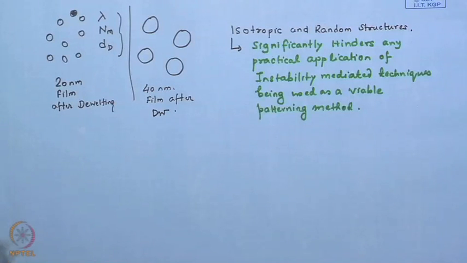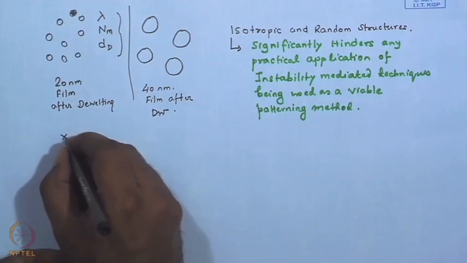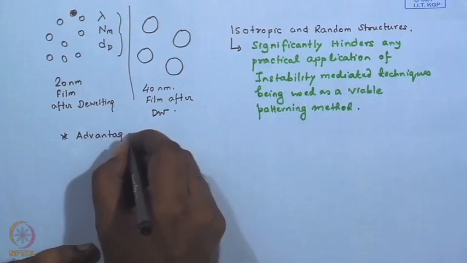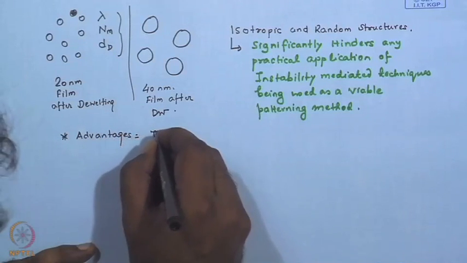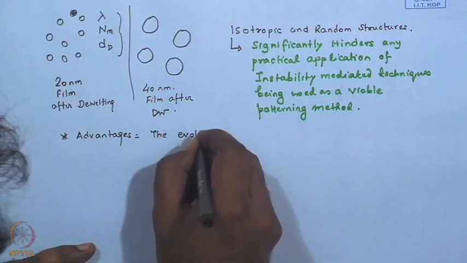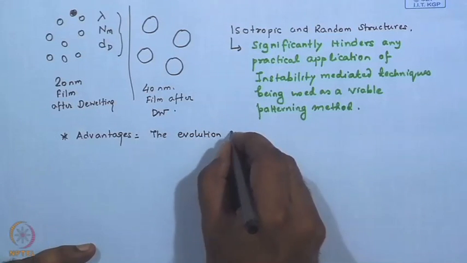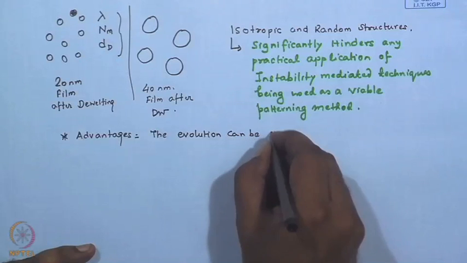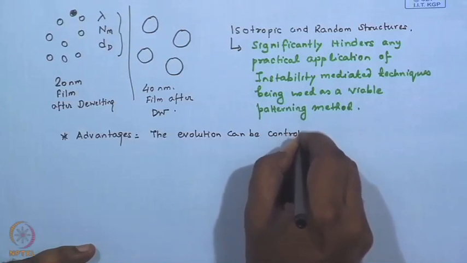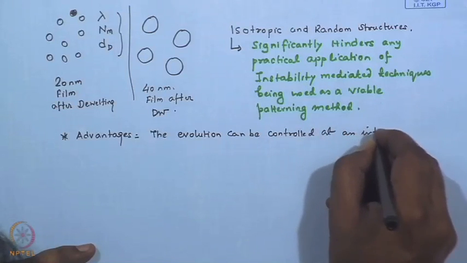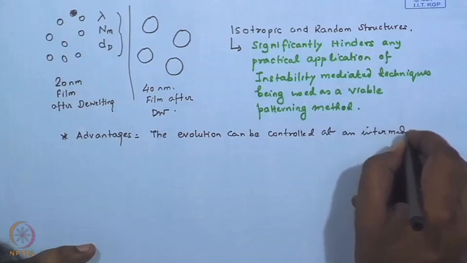What are the advantages? Advantages are the evolution can be controlled at an intermediate stage.